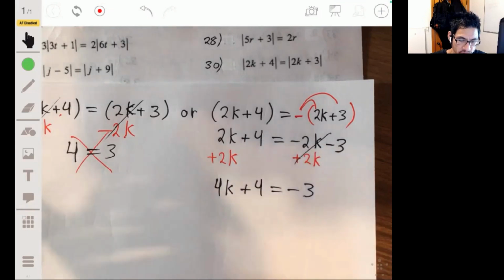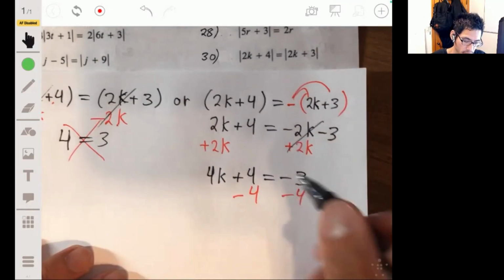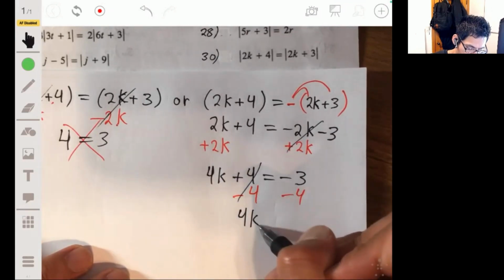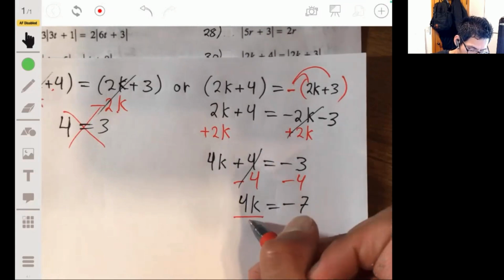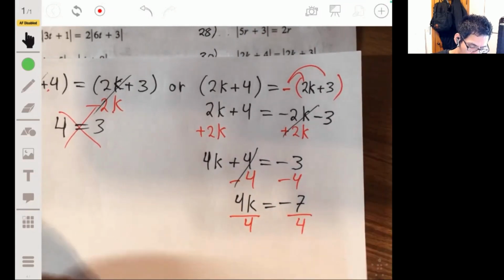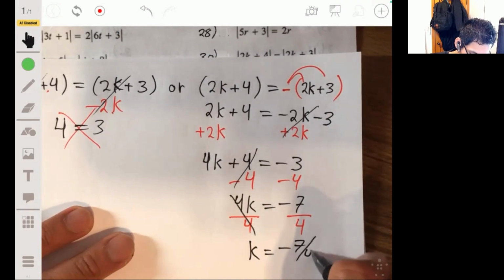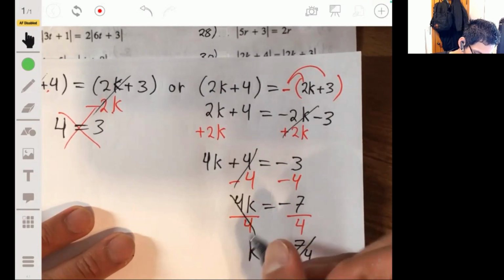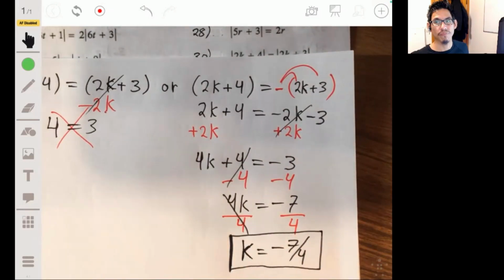Then we just take away this 4, guys. Negative 4. All right, interesting. 4k equals negative 7. Then divide by 4. You get k equals negative 7 fourths. Success. We have accomplished our goal.